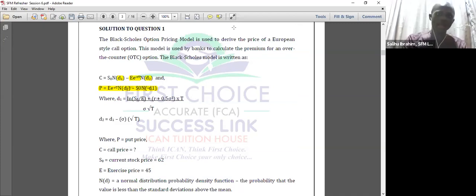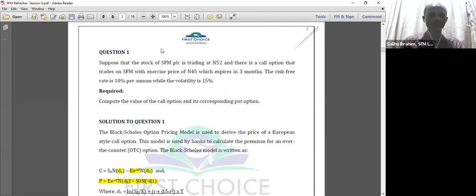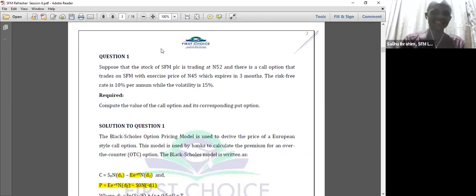All right, let us go and apply this to the question we have there. Suppose that the stock of SFM PSC is trading at 52 Naira, and there is a call option that trades on SFM with exercise price of 45 Naira, which expires in 3 months.